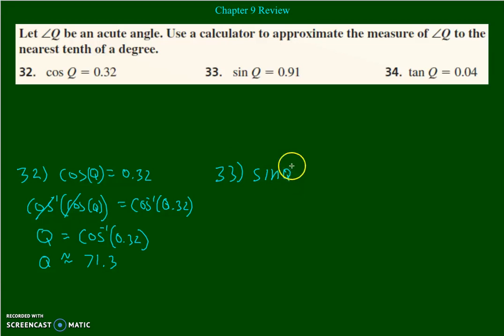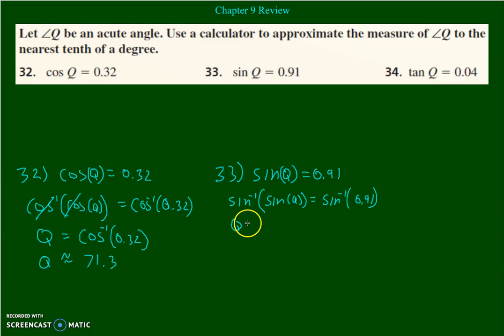Sine Q equals 0.91. We're going to do the same thing, only this time we're going to use arc sine. Arc sine of Q equals arc sine of 0.91.